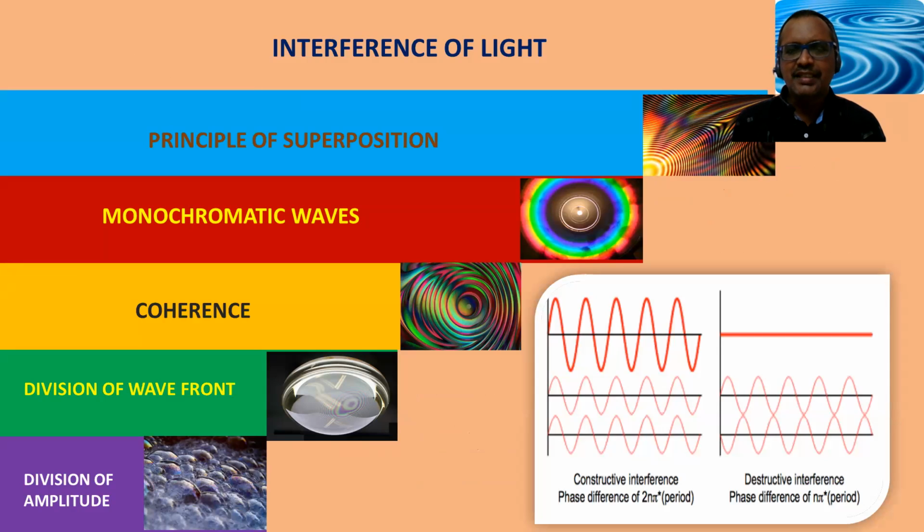Here, it is clearly visible that the crest of the first wave falls on the crest of the other wave, and the trough of the first wave falls on the trough of the second wave. When crest falls on crest, or trough falls on trough, the amplitude increases.